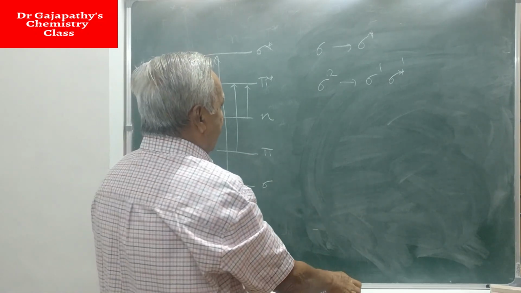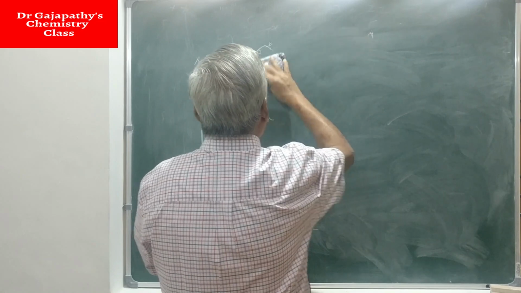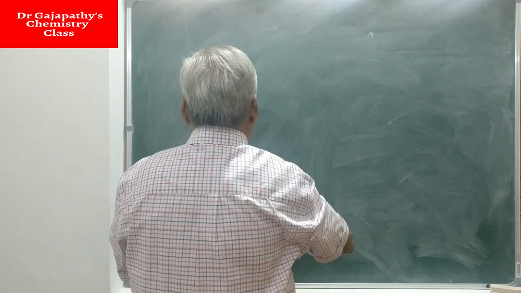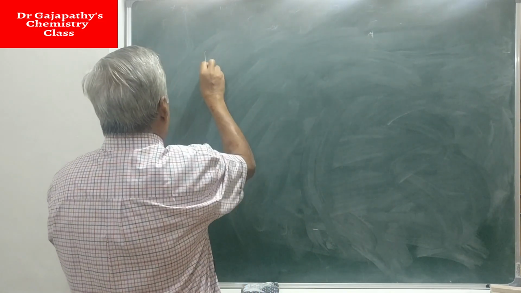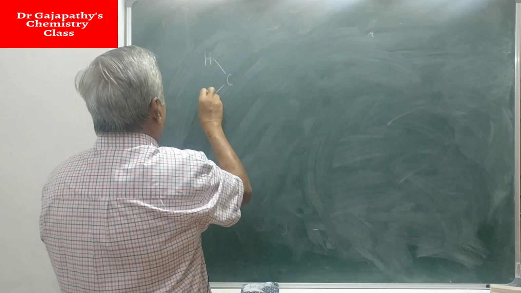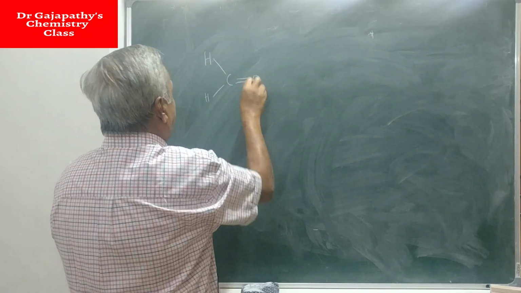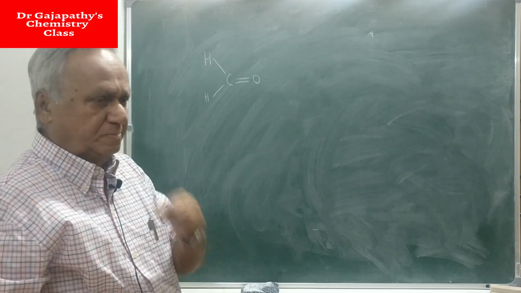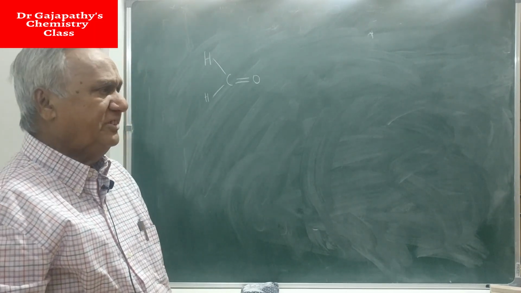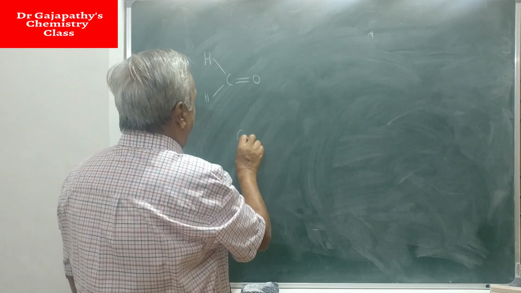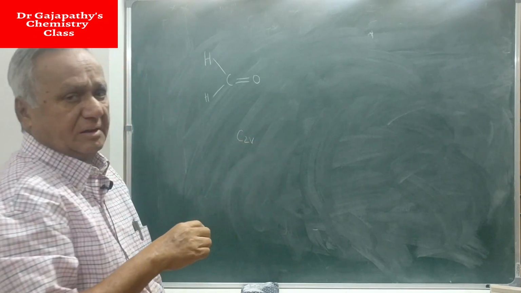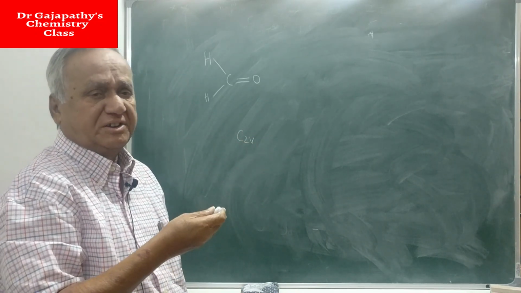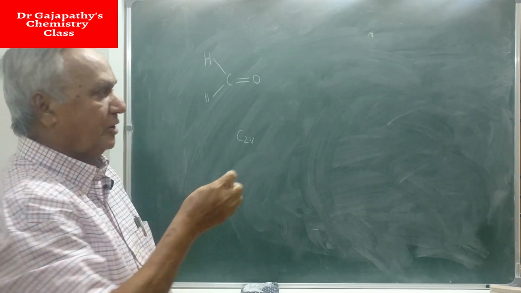Let me consider a molecule like formaldehyde. It belongs to C2V symmetry. You know what are the operations in the C2V point group?